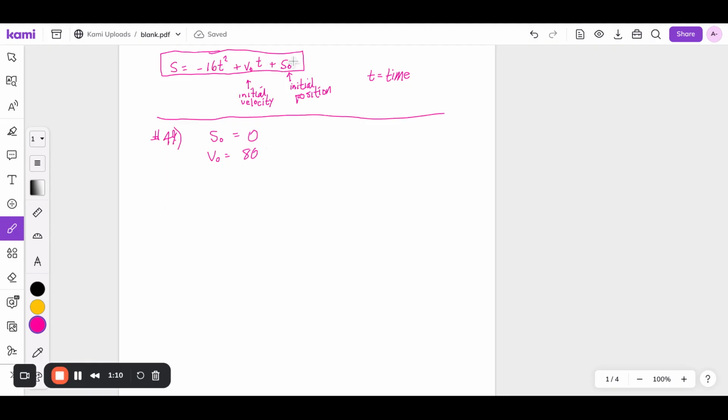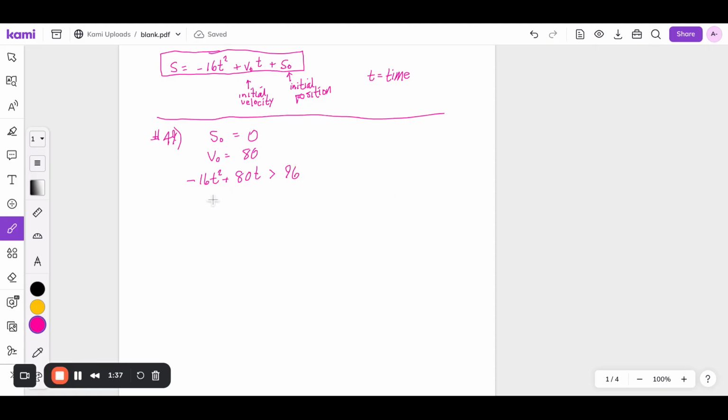So we want to know when this is going to be greater than 96. Okay. And so we'll say negative 16t squared plus, look, my V sub 0 is 80 times t. When is that going to be exceeding or greater than 96 feet?